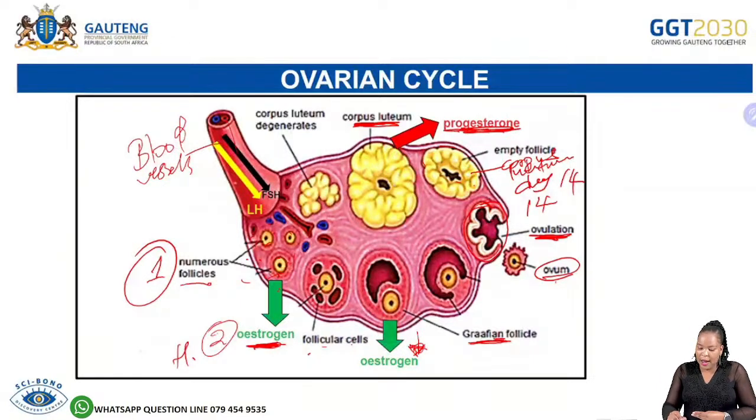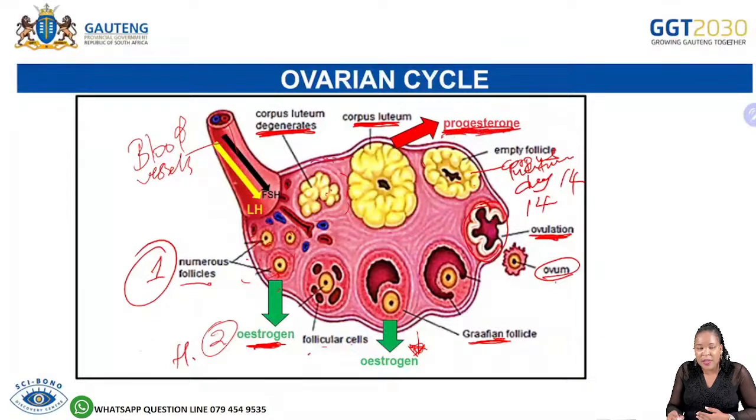So if pregnancy does not take place, you will start to see the corpus luteum degenerating. But if pregnancy was to take place, this corpus luteum was going to keep on getting bigger and bigger, maintaining the level of progesterone, or continuing to produce progesterone.